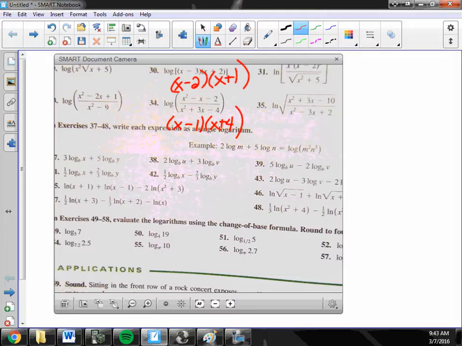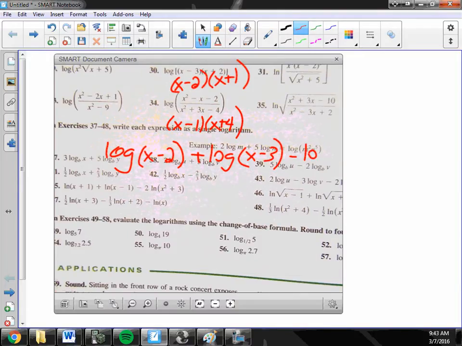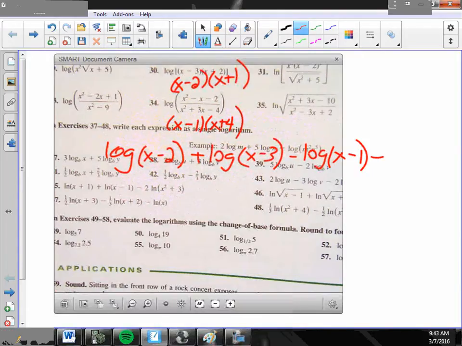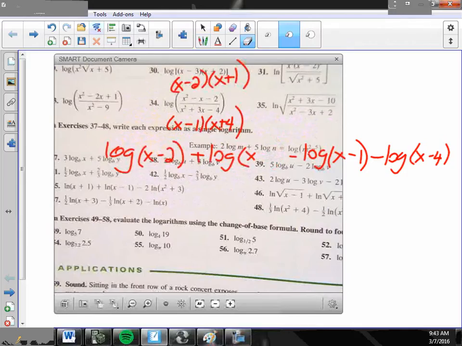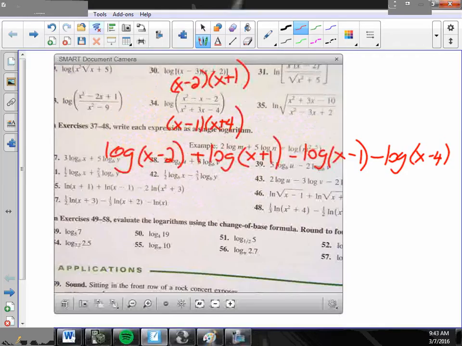So the expanded version would be log of x minus 2 plus log of x minus 3 minus log of x minus 1 minus log of x minus 4. There's no 3. It's a 1. Thank you. Does that make sense?